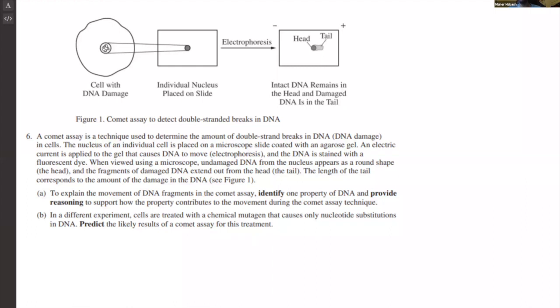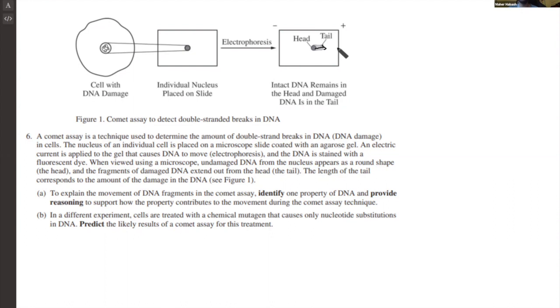Okay, perfect. That's one of the two acceptable answers. And okay, you guys definitely hit one of the two, and they'll give you full points for that one. Excellent. The only other thing that would have got points is if you said smaller fragments are able to travel further, and that's why you see that movement.